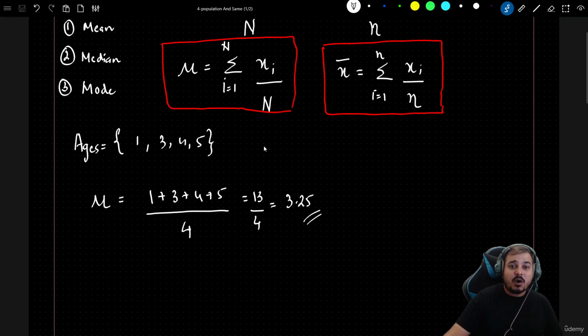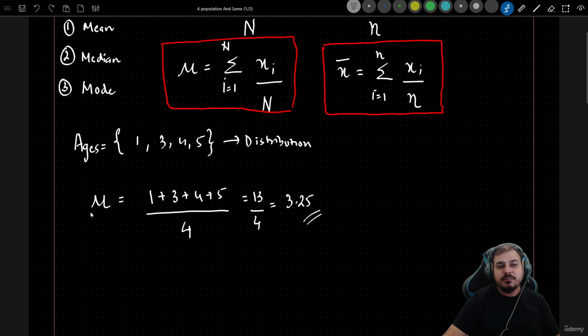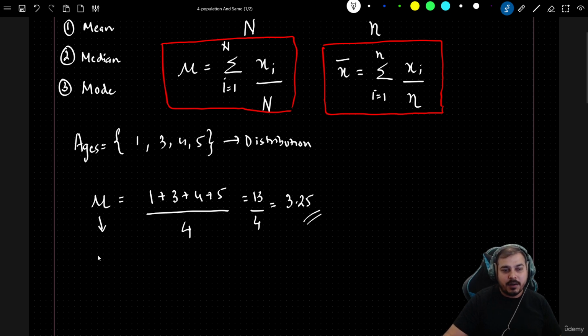Now why is it called central tendency? Because this is basically showing you the central part of this particular distribution. So this is the basic formula to calculate the mean. If we are specifically told in a problem statement, then this mu will become x bar in the case of a sample mean.